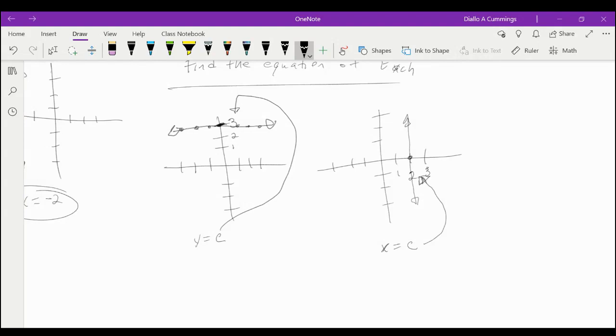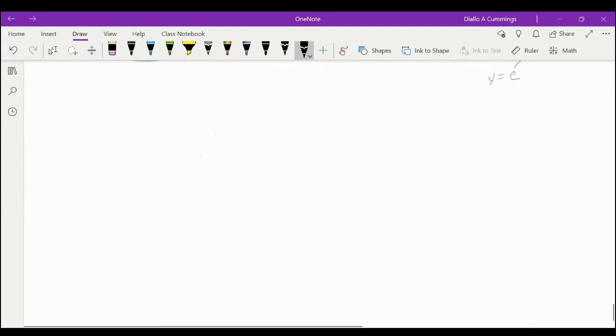All right, so that was just the horizontal and the vertical lines. Next we're going to talk more about slope. The slope is the rise over the run.